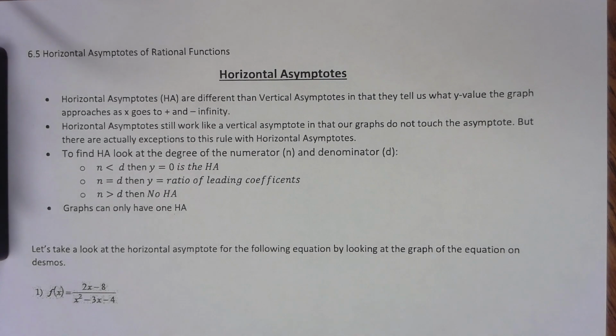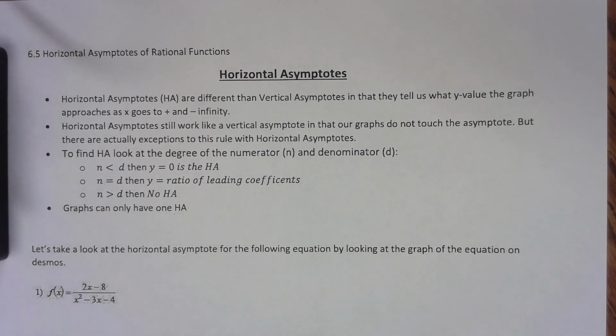If the numerator and the denominator have the same degree, then we approach y equals the ratio of the leading coefficients. And if the numerator's degree is greater than the denominator's, then there's no horizontal asymptote.